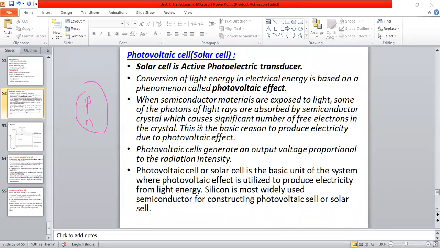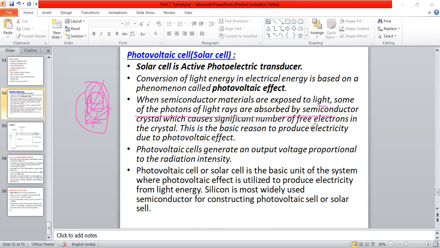If it is exposed to light, some of the photons of the light rays are absorbed by the semiconductor. The semiconductor crystal will absorb them, which causes a significant number of free electrons.